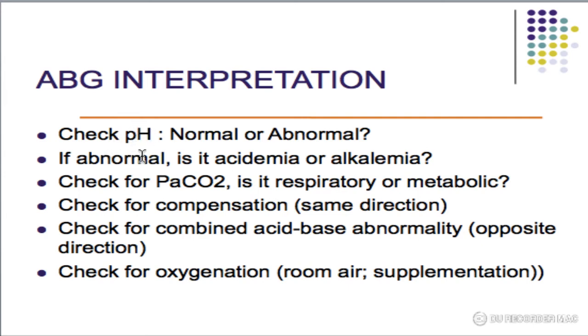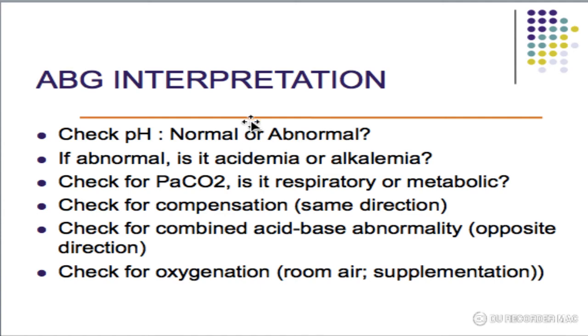Then, if abnormal, is it acidemia or alkalemia? If the pH decreases from 7.40, the normal midline, since the range is 7.35 to 7.45, then although it may be compensated, it is acidemia, remember.